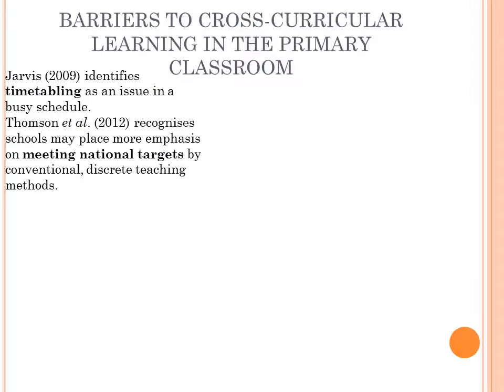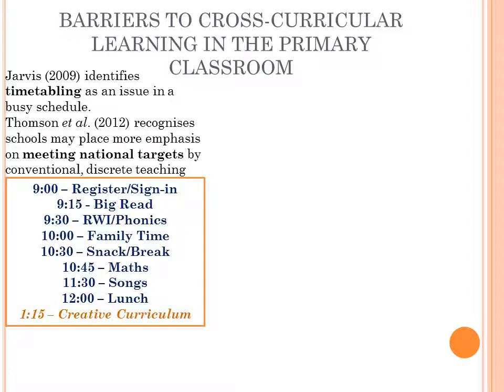This part of the presentation will look at potential barriers to cross-curricular learning in the primary classroom. For example, Jarvis 2009 identifies timetabling as an issue, as teachers have difficulty planning time in their schedule for cross-curricular learning. Currently on placement, an excerpt of the timetable is seen below.